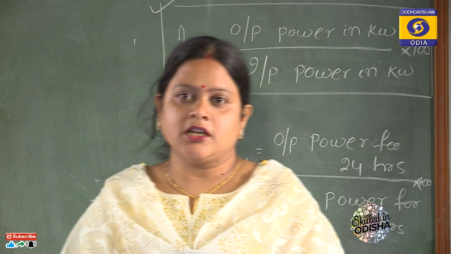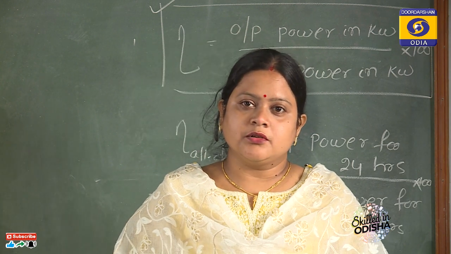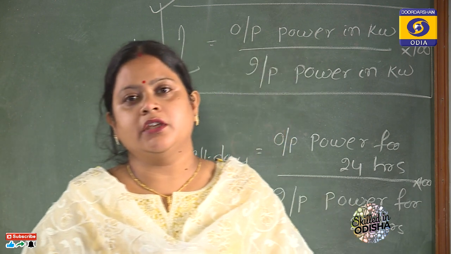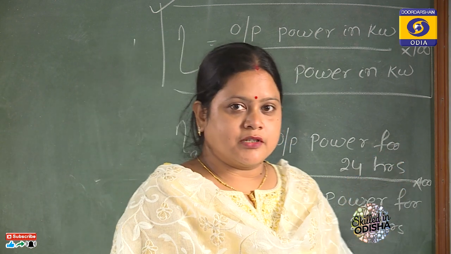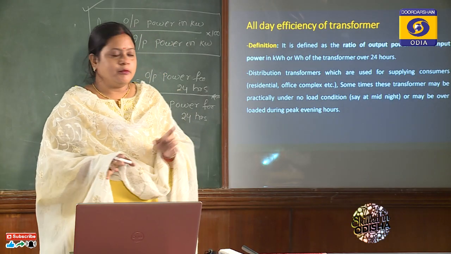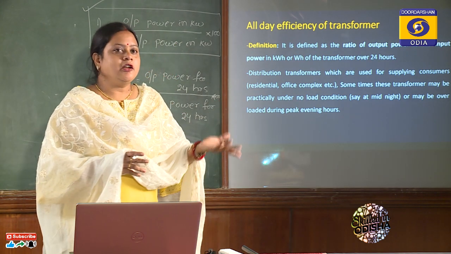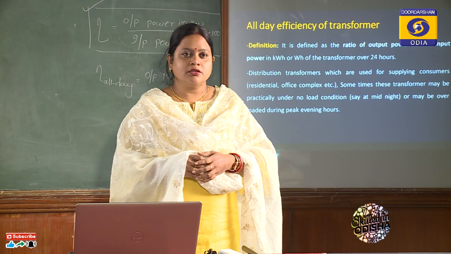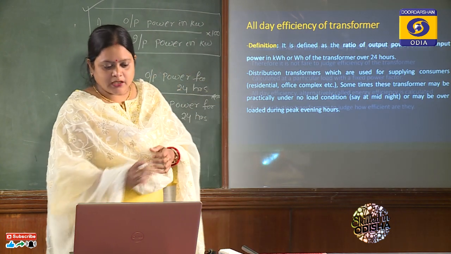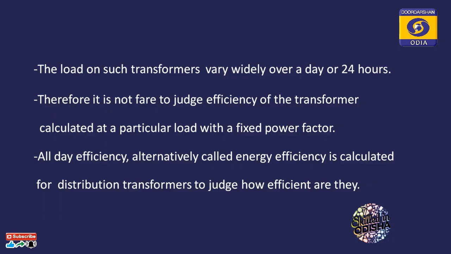So for the distribution transformer that supplies our homes or offices, we use all-day efficiency, because the load is not constant. In the evening the load is heavy and at midnight there is no load. So the load on such a transformer varies very widely over a day or 24 hours.